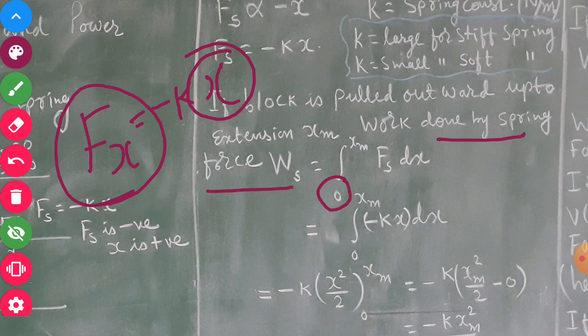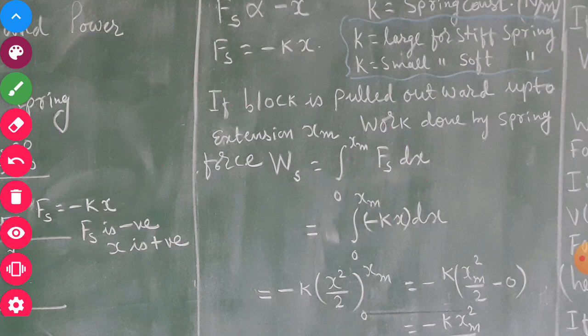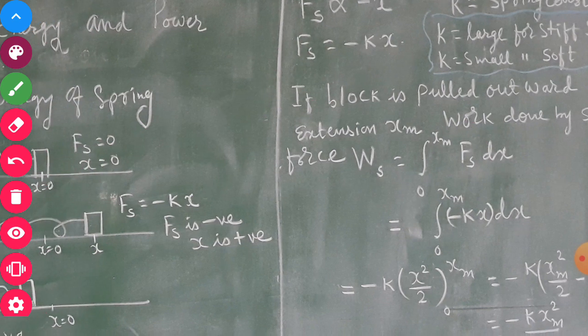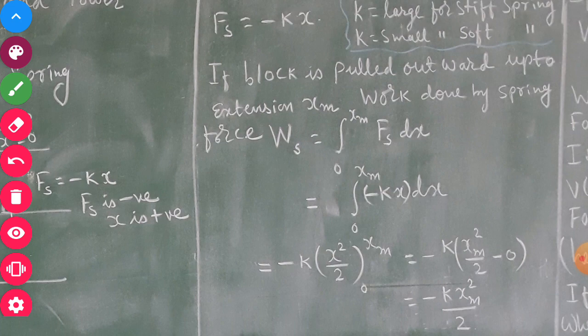So it goes from 0 to xm, spring force into displacement. Said displacement is dx, small displacement we are taking, and Fs is nothing but minus kx. So instead of this Fs, we have written minus kx into dx. K is constant of proportionality and it is taken out, so we can write minus k integration x dx, and integration of x, as power is 1, it is x square by 2.